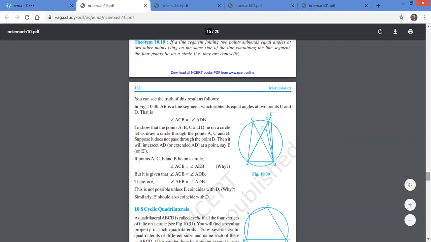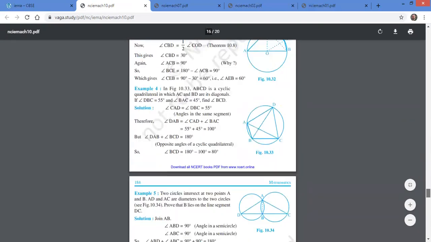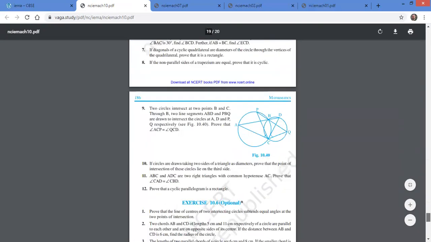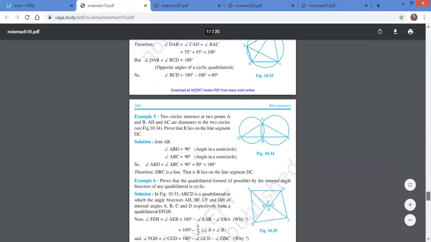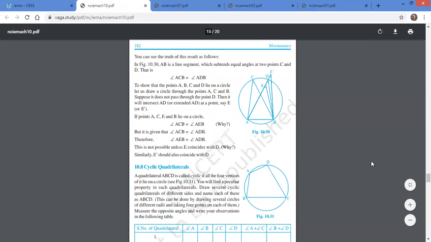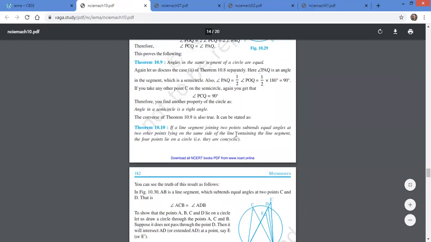That theorem is cancelled. Then there is another theorem here which is very important that has to be done, of course. Here, this is the exercise based on that. Okay, so we have another theorem here which is cancelled.